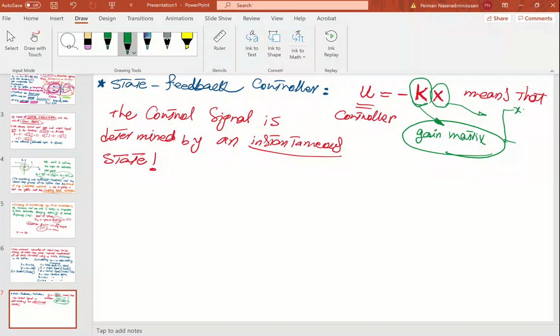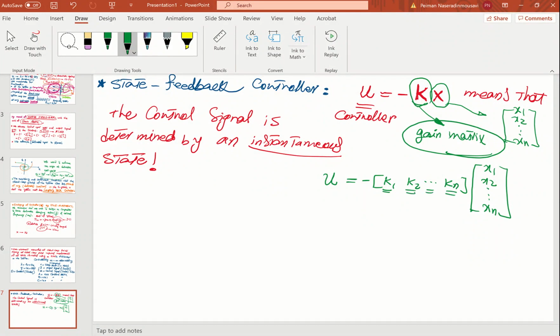What is that? Say x1, x2 to xn. Here we go. So if I expand that, U is K1, K2, Kn times x1, x2, xn. So you're going to determine this K. This is 1 by n, this is n by 1, and the result is 1 by 1, a scalar, as I taught you.